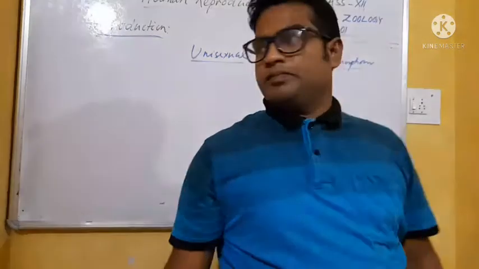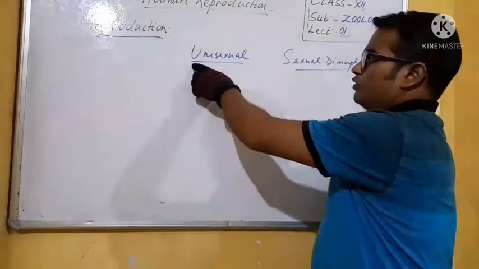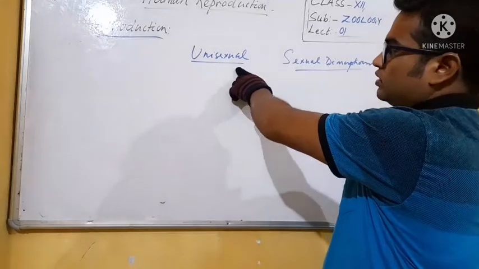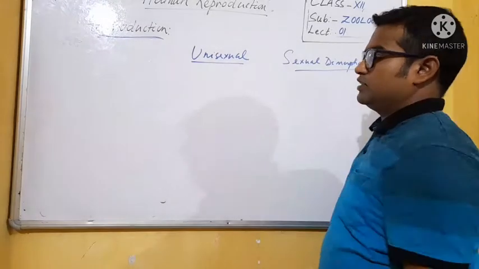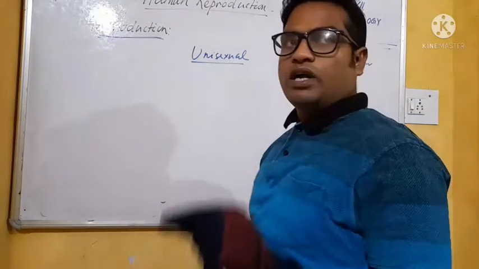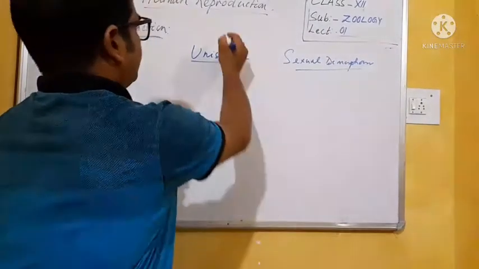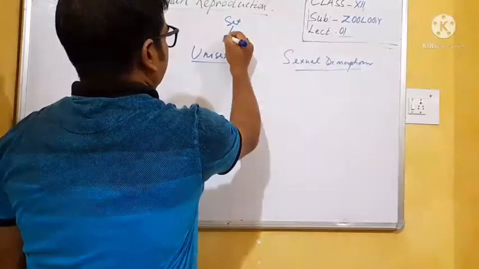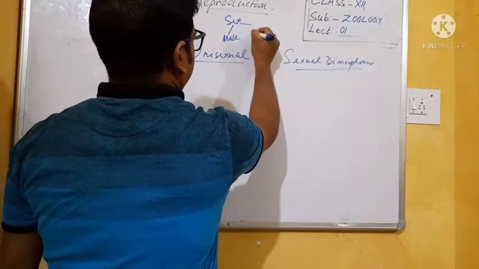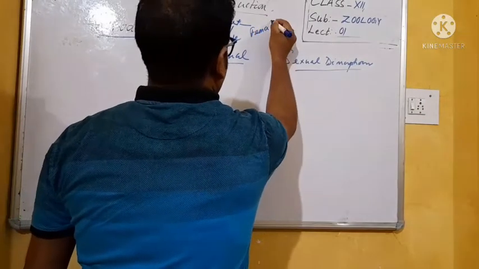Students, what do you mean by unisexual? Unisexual means one sex is present. Sex is of two types, one is male and another is female.